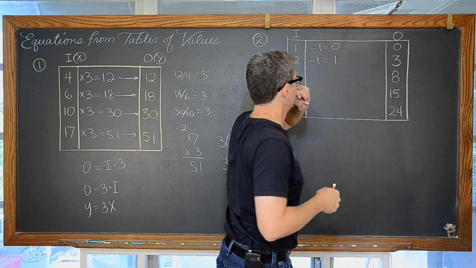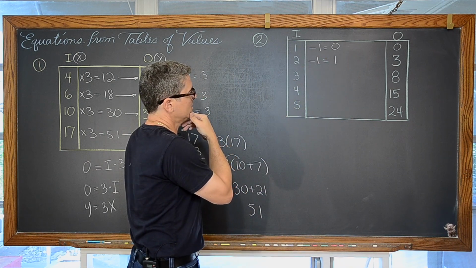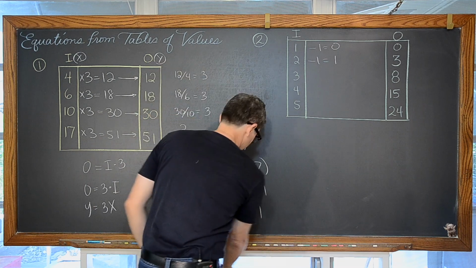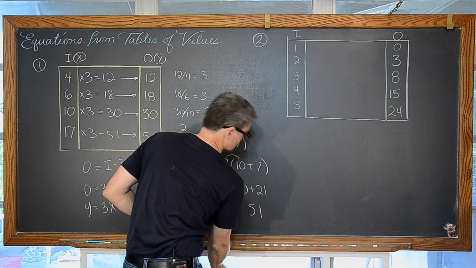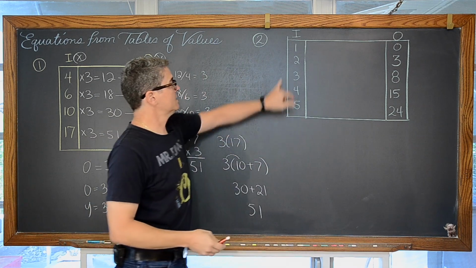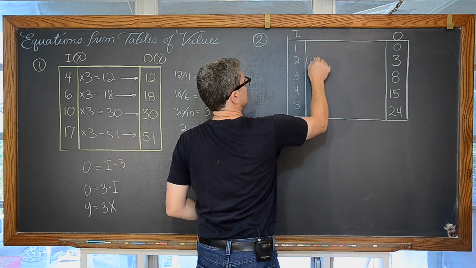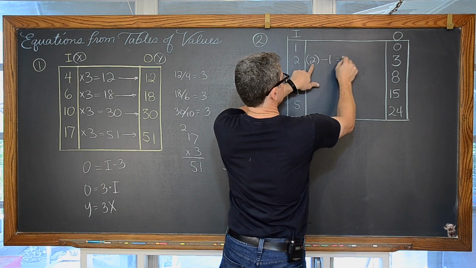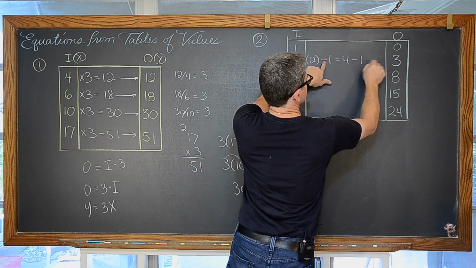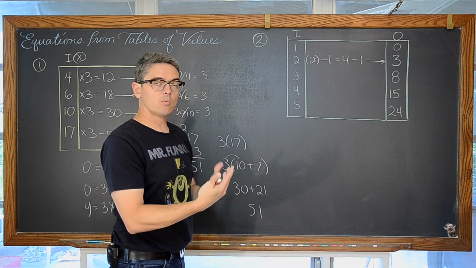It's actually bigger. So subtracting 1 doesn't do anything. Well, let's see. If we look at the second line, maybe we can get 2 to be 3 by multiplying it by 2 and then subtracting 1. So we have 2 times 2 is equal to 4, minus 1 is equal to 3. Okay, so that worked.